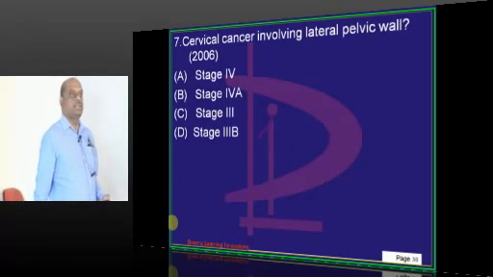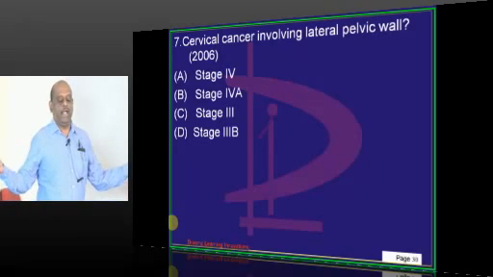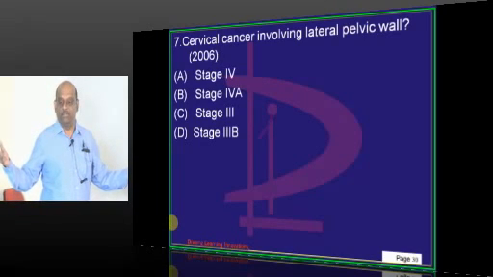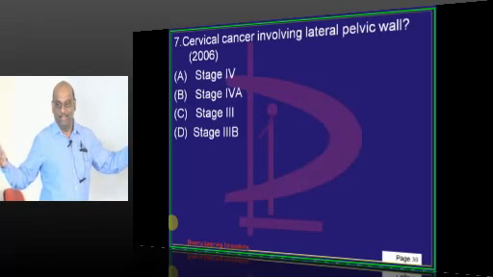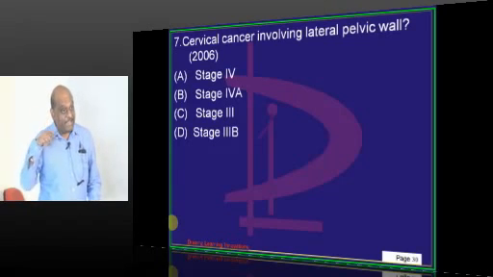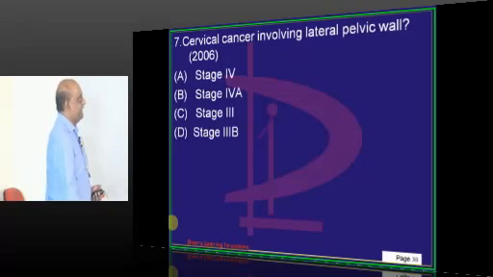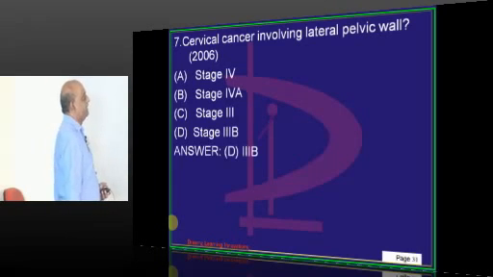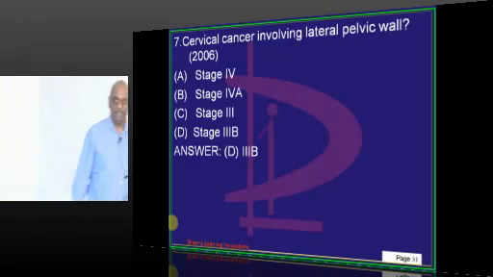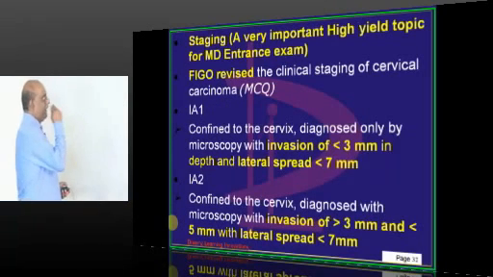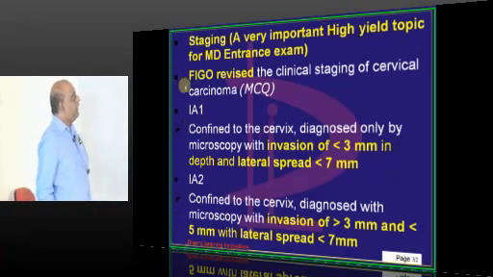So all stages, you need to close the eyes and have an imagination of the pelvis and parametrial structures and must be able to get back the same imagination in the exam hall. That is a challenge. So what is your answer? 4A or 3B? Okay. What is 1A1?